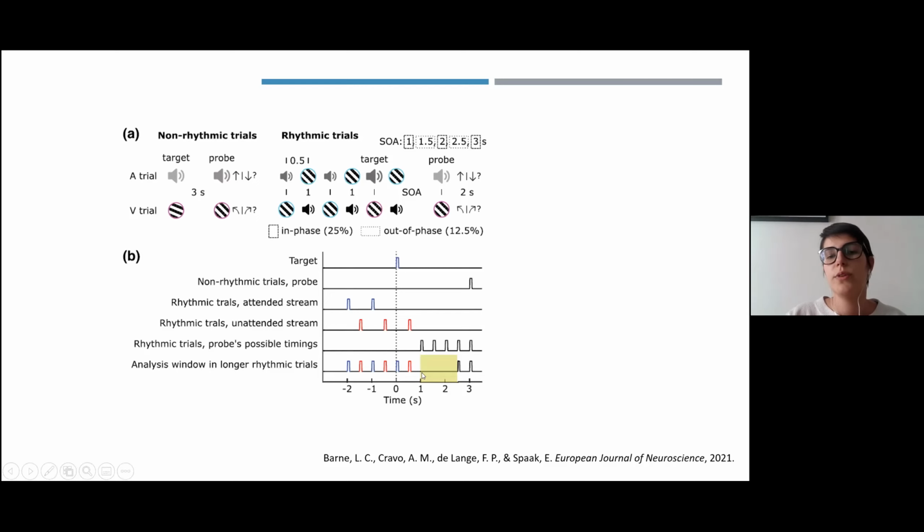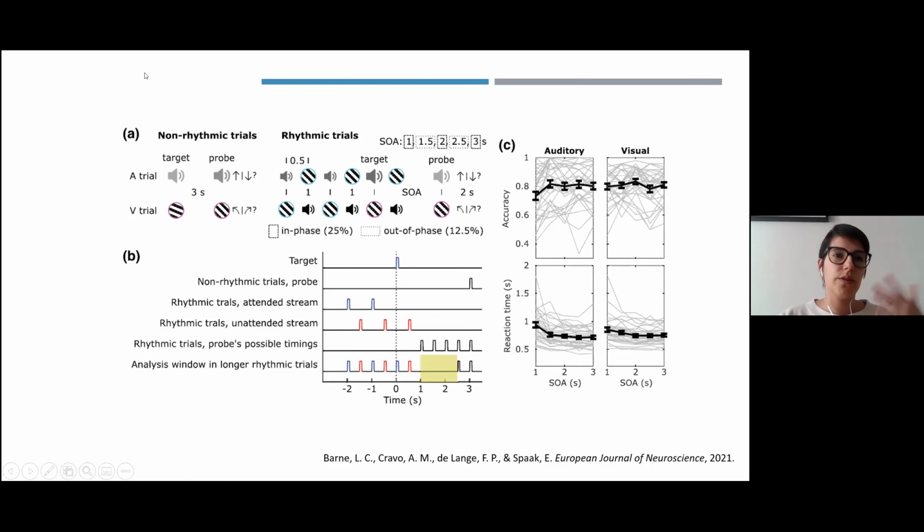So here we are going to select only the 2.5 and 3 seconds trials to analyze. So we would have a longer time window to understand whether we saw this fluctuation in those templates, basically.